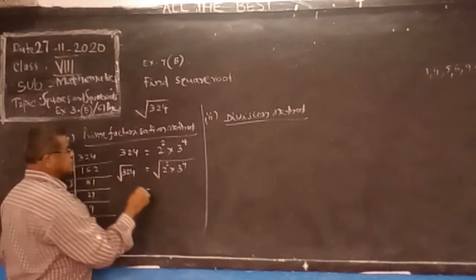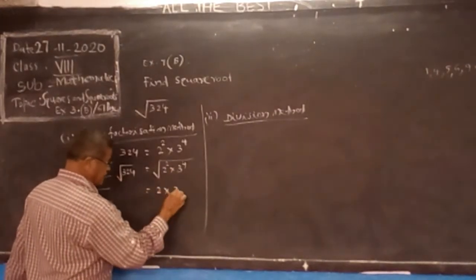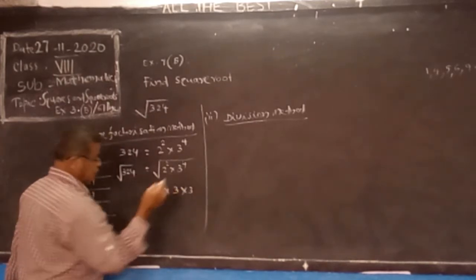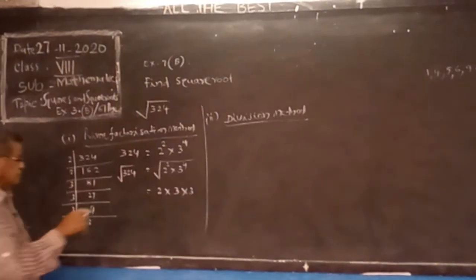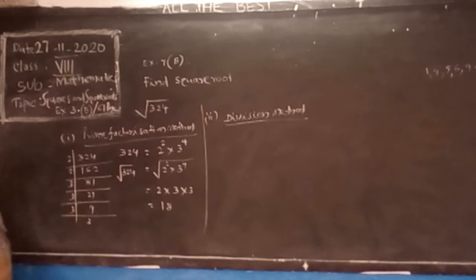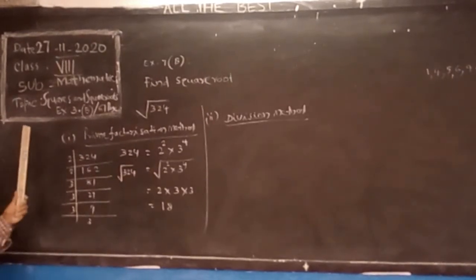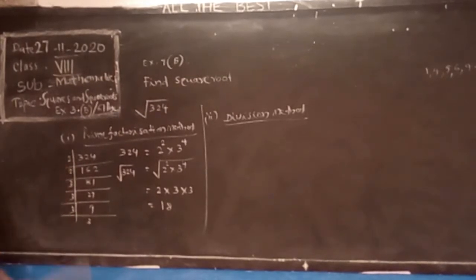Take 2 squared, there are two 2's. In 3 power 4 there are four 3's. You take two 3's, half of 4. Now this is 18. This is the method of finding square roots by prime factorization.